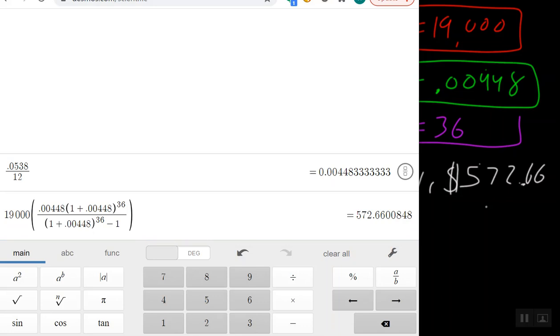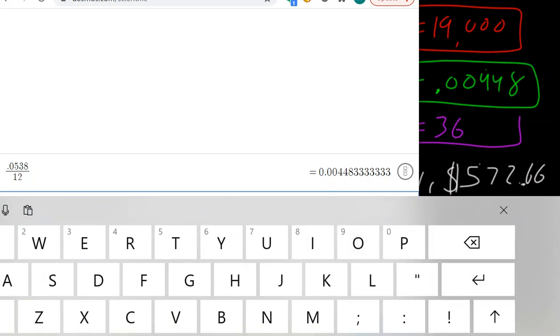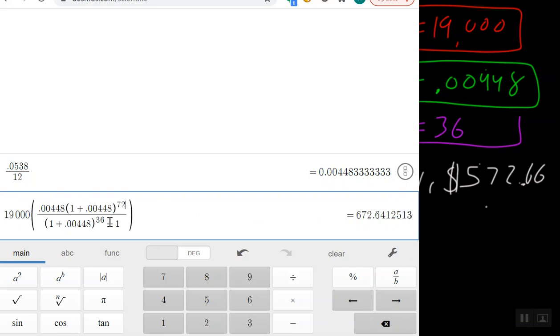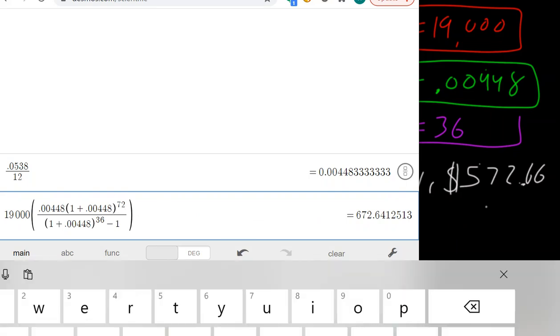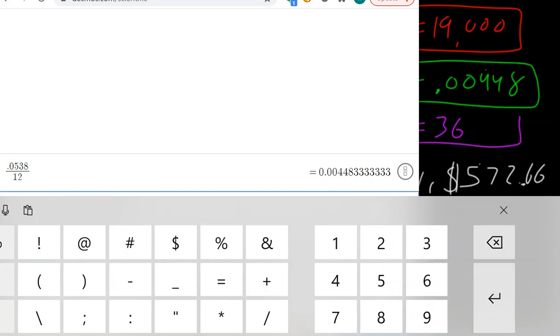I'm going to come back here, and all I have to do for this same scenario is delete the 36 and then put in 72. So instead of 36 months, or 3 years, now we're going to put in 72. I also have to do it right here, so I'll pull this up, click, click, and change that to 72.